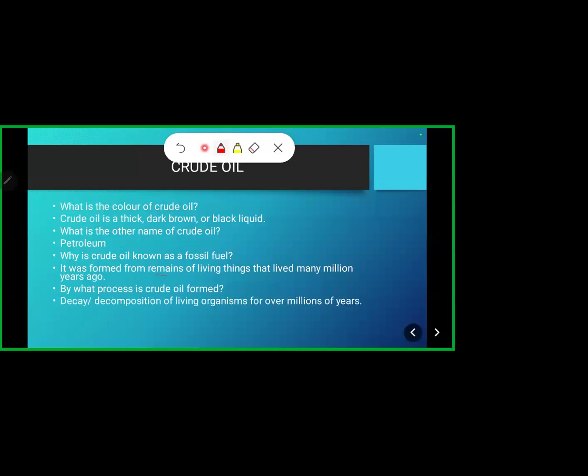So, the process of crude oil being formed is basically by decay and decomposition of living organisms over millions of years. So you're going to understand that since it's picked from underground, it's subjected under pressure, which causes these living organisms to decompose over a million of years, and they're able to form that crude oil. I hope that is clear for all of us.